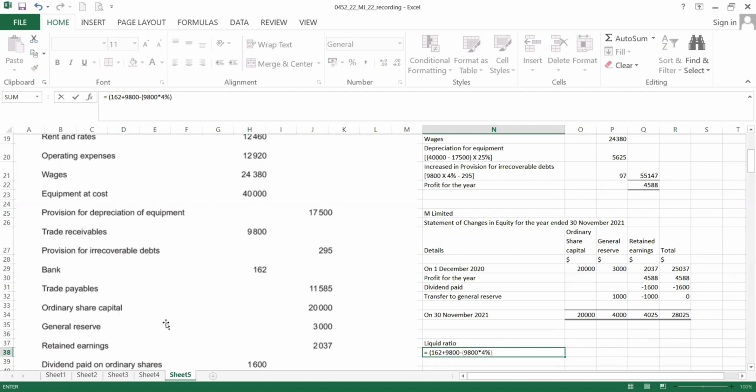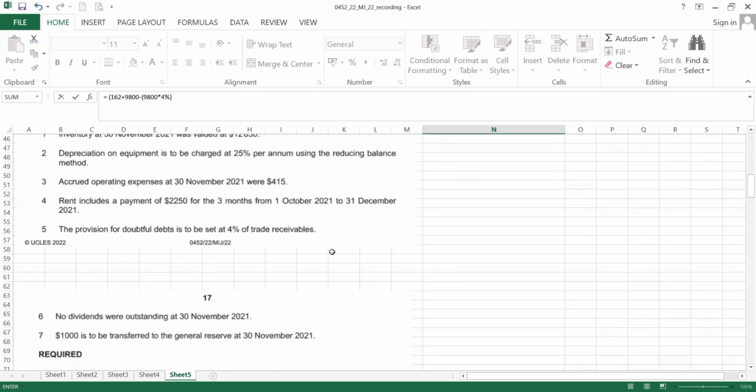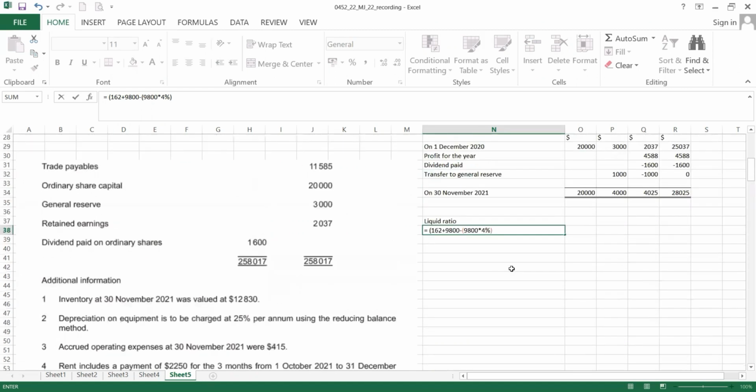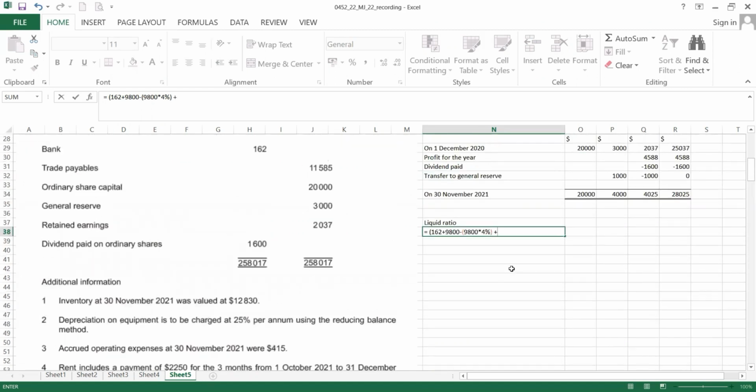Okay, what else that we got? There is a prepaid amount here. Prepaid rent. Okay, 2250 plus 2250 divided by 3. This is the total.